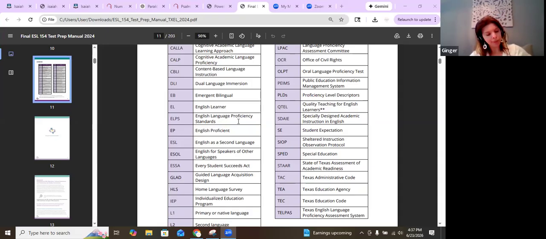Okay, domains. Remember, there are 3 domains in this book. The content of the Texas ESL 154 supplemental exam is presented in 3 domains, which represent broad areas of knowledge. Domain 1, the teacher's knowledge of linguistics.